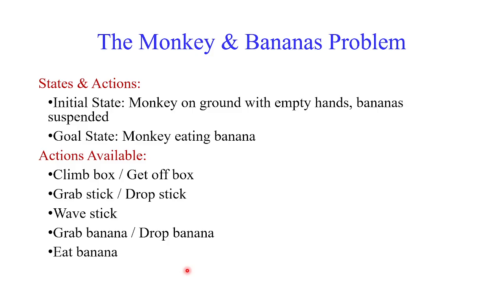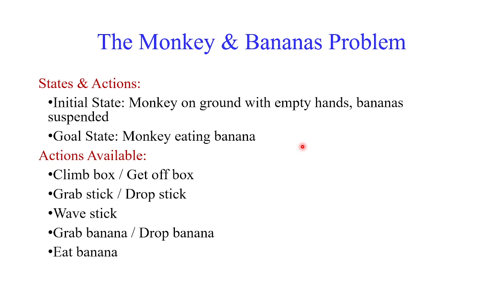We need to formalize the problem, and for that we need states and actions. Our initial state is that the monkey is on the ground with empty hands and the bananas are suspended from the ceiling. The goal state is that the monkey is eating the banana. That is the success we are aiming for.